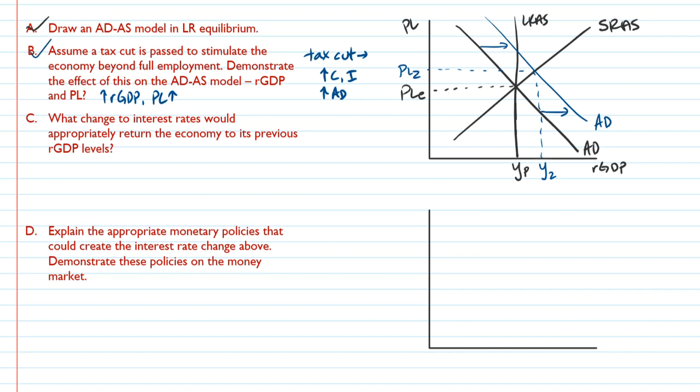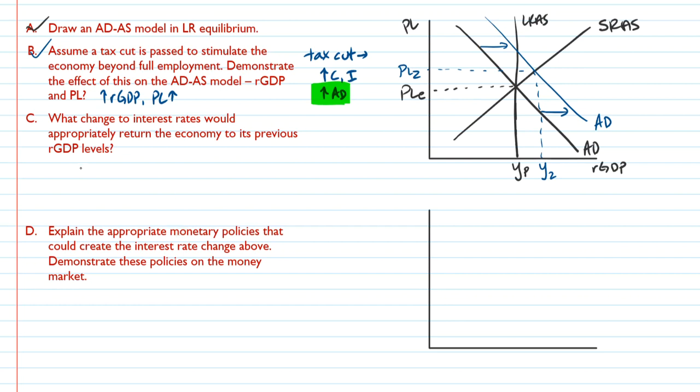Part C, what change to interest rates would appropriately return the economy to its previous real GDP levels? And this is where we begin to think about monetary policy and what the Fed might be doing to counteract this tax cut and counteract the increasing inflation and increasing GDP. Or really, the Fed is probably looking at this increase in demand and trying to counteract that.